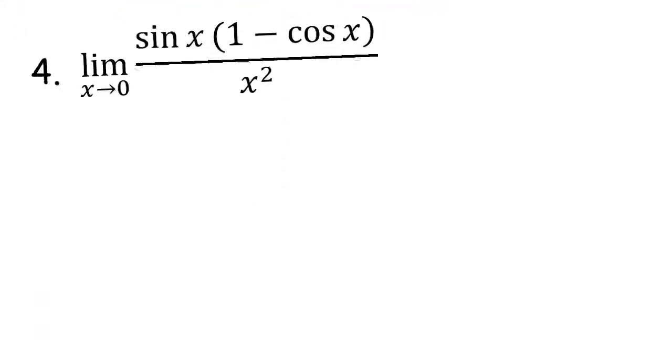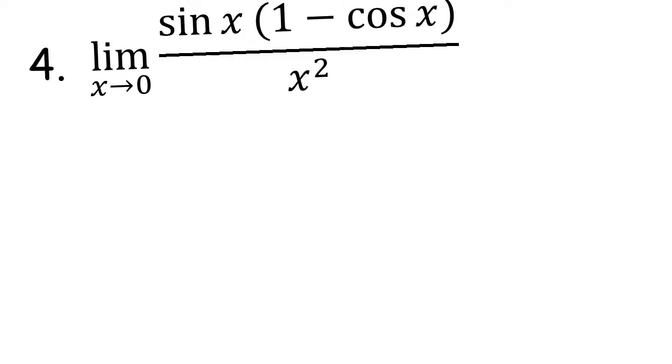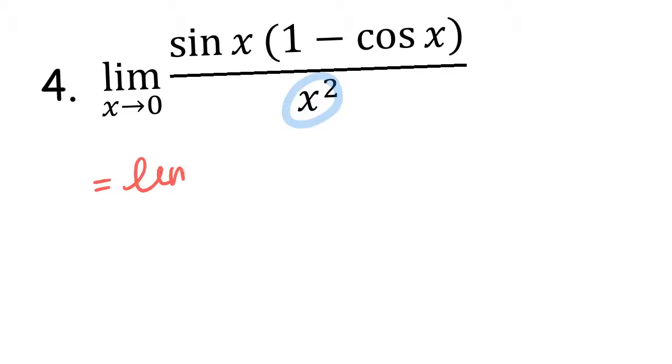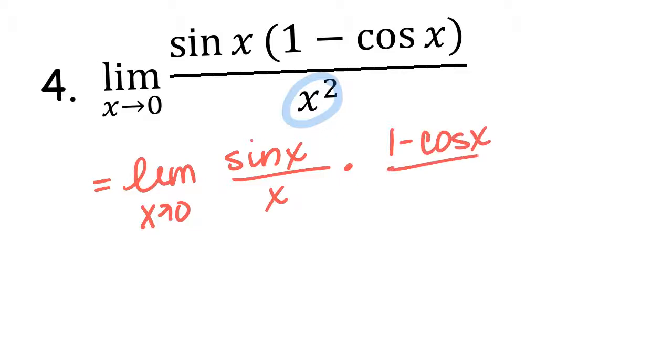So let's come down to number 4. Again, I see pieces very similar to the squeeze limits earlier, except I have this x squared. So what if I instead split them up so that I have the limit as x approaches 0 of sine x over x times 1 minus cosine x over x.